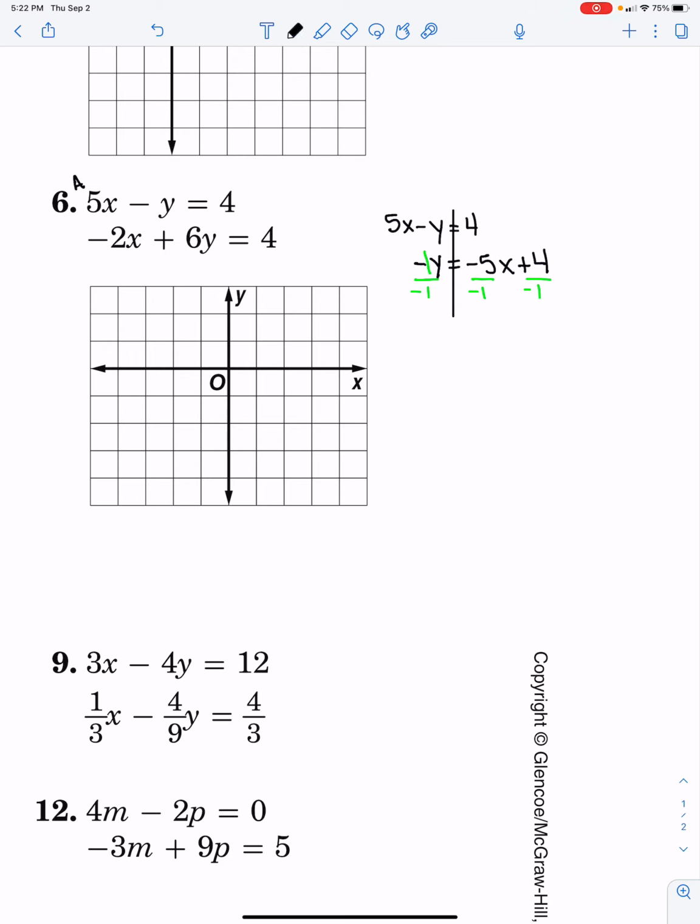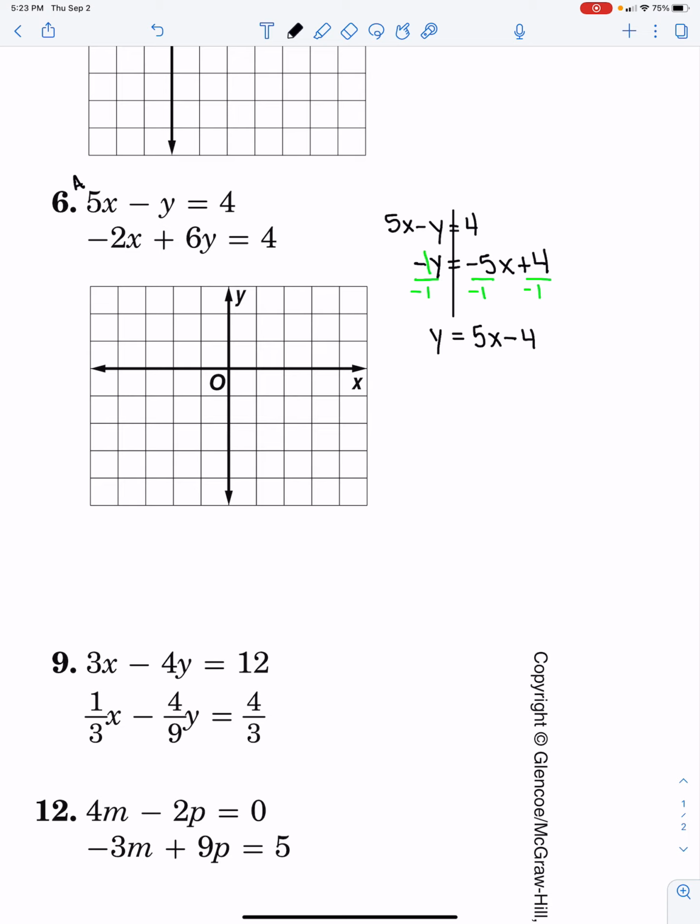Or the shortcut to that is really just changing the sign of everything so that it's no longer a negative y, it's a positive y. It's no longer a negative 5x, it's a positive 5x. And it's no longer a positive 4, it's a negative 4.